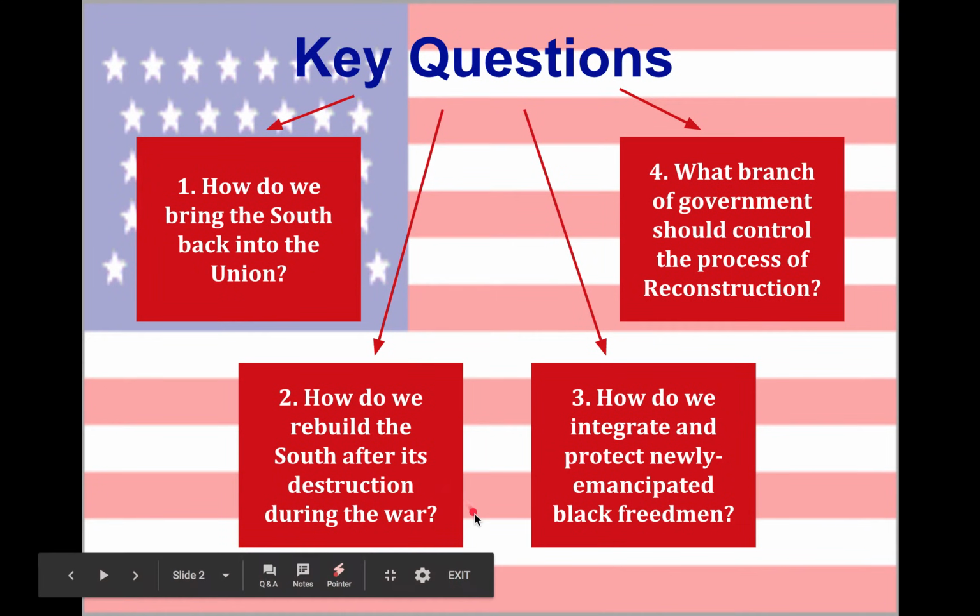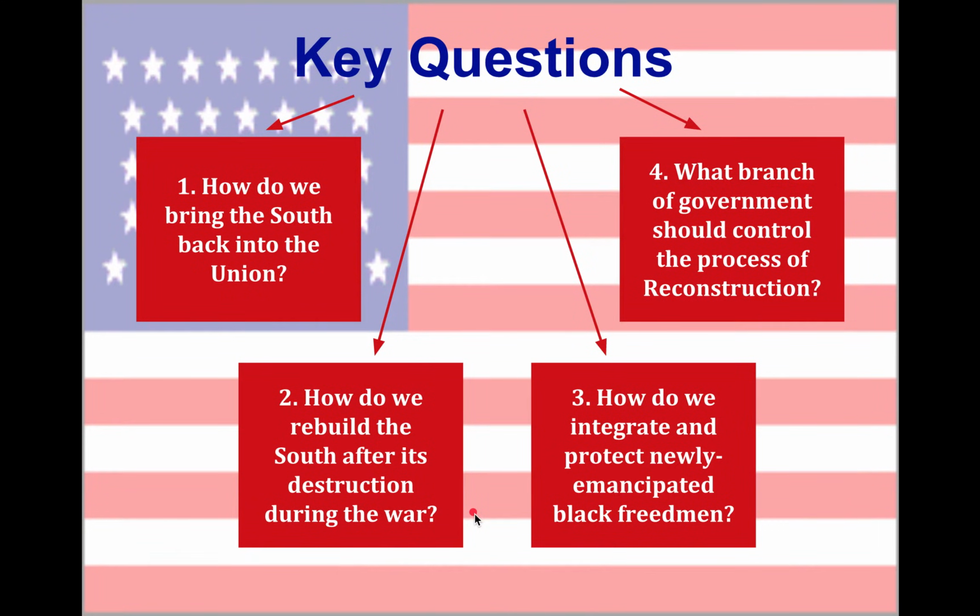The second question here is, how do we actually physically rebuild the South after the war? Because as you remember from the Civil War, especially if you think about Sherman's march to the sea, right, making Georgia howl, we're dealing with a lot of physical destruction. The city of Richmond, a district of it, actually burned. And this is going to have a hefty price tag. And of course, now that the country is becoming one again, the entire country is going to be responsible for that financial burden.